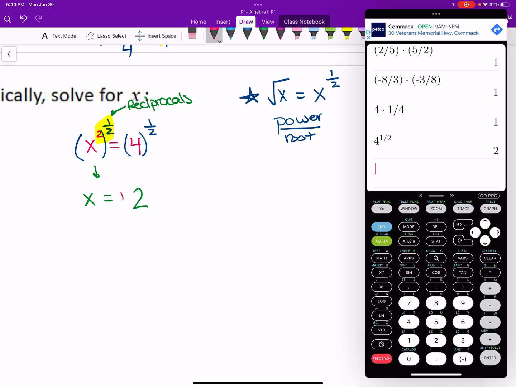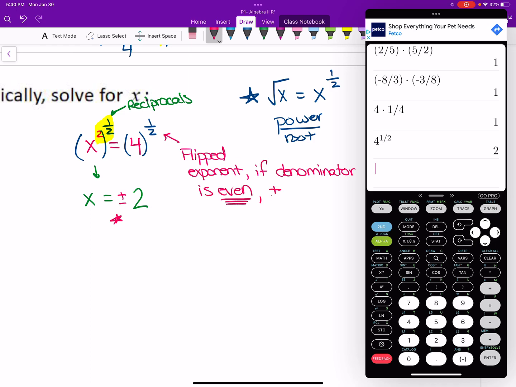Once again, it is up to us to remember the plus minus. So the trick here, if you're looking at your flipped exponent, if the denominator is any even number at all, you're going to put a plus minus in your answer.